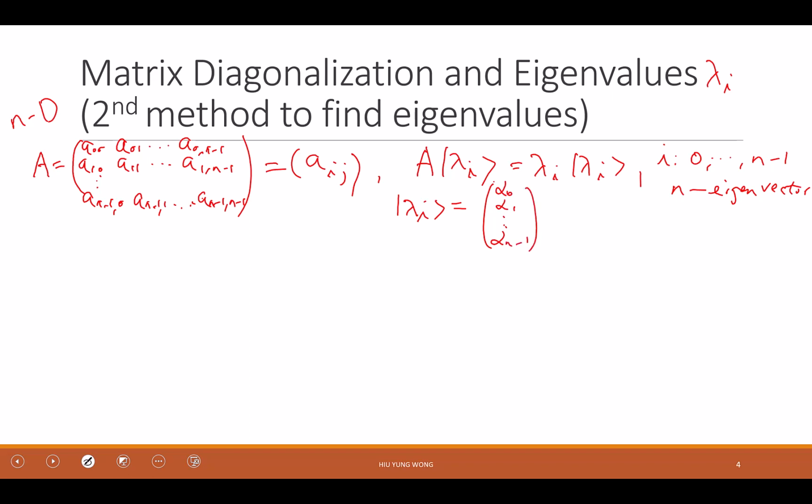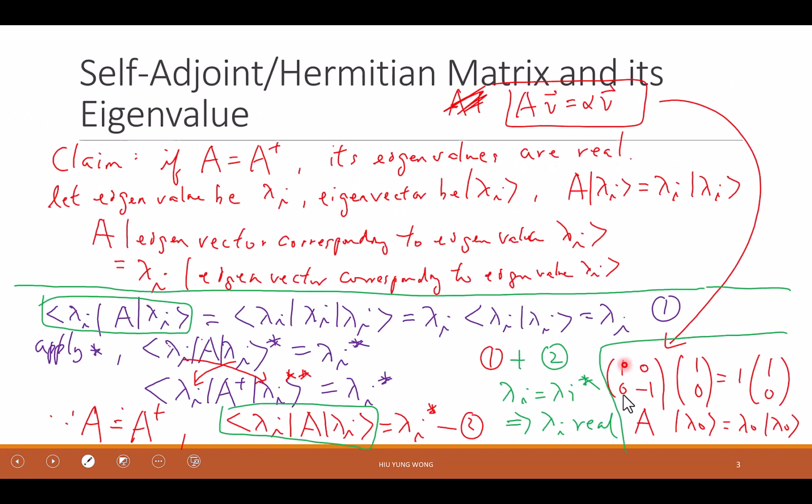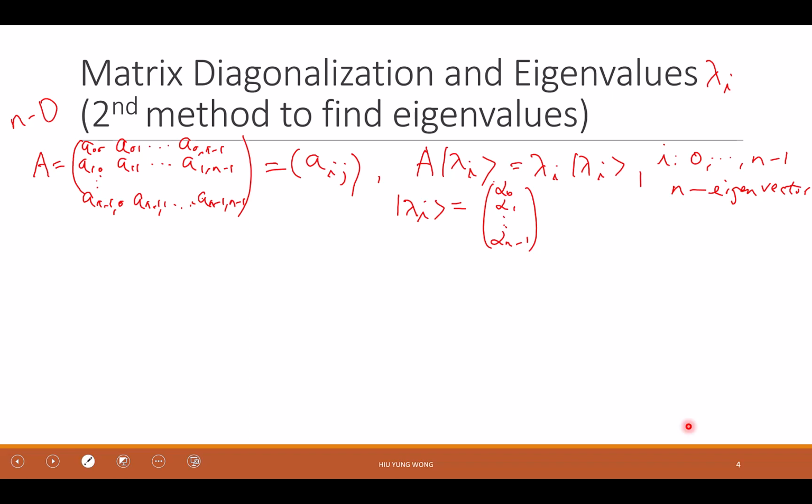Now, it may feel confusing, but just go back to here. Do you see this? This is the A, and this is the eigenvector. It has alpha 0 and alpha 1, where alpha 0 is 1 and alpha 1 is 0. Now, we're talking about n dimension. I'm trying to generalize it, but for simple quantum computing we may only need 2 dimensions, but you have an n-dimensional vector.